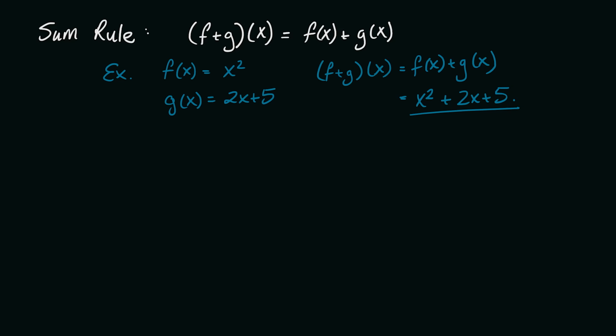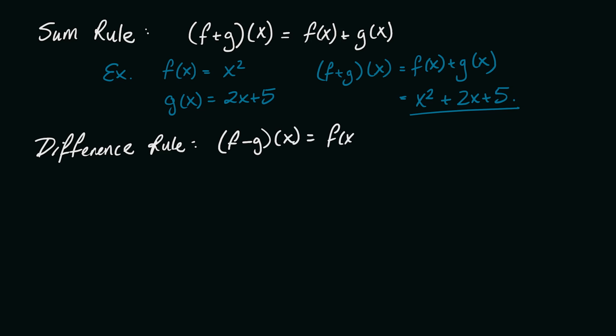Now, secondly, we also have a difference rule, right? Now the difference rule works the same, where instead of plus g, it's going to be minus g. So (f - g)(x) = f(x) - g(x). And then as well as our two other operators, the product and the quotient. So product rule.